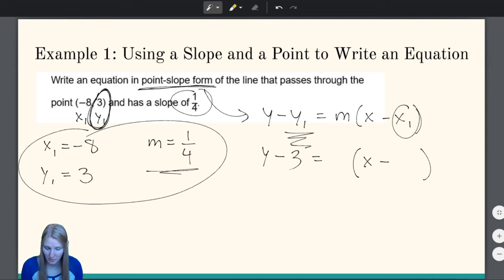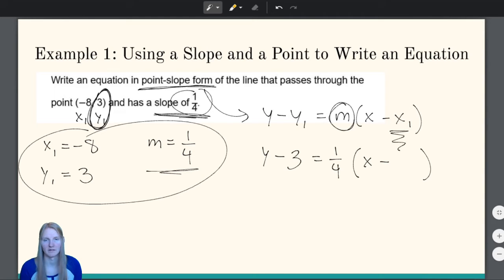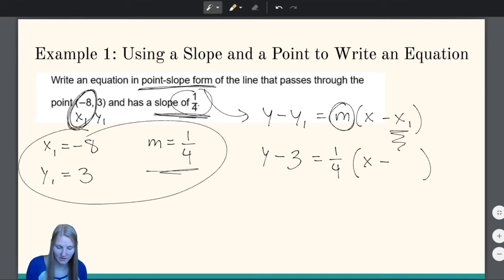So it is 3, equals m. Remember, this is slope, and they told us the slope is 1/4, times x minus x1. And x1 is the x coordinate of the point that they gave us, which is -8.